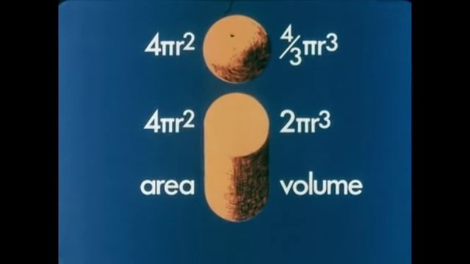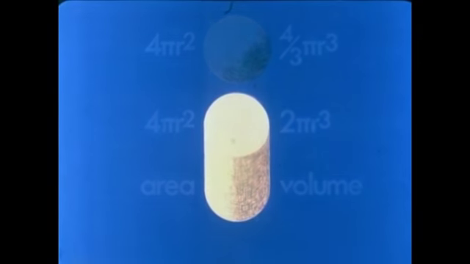Subsequently, the formulae for the surface areas and volumes of spheres and cylinders were discovered by Archimedes. The method Archimedes used to discover these results was different. He regarded areas as made up of lines and volumes as made up of slices.